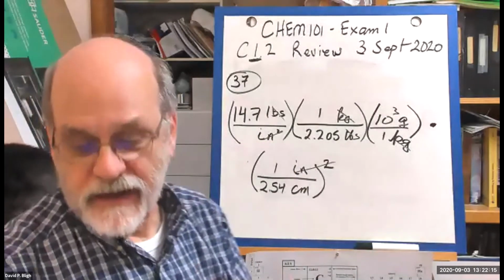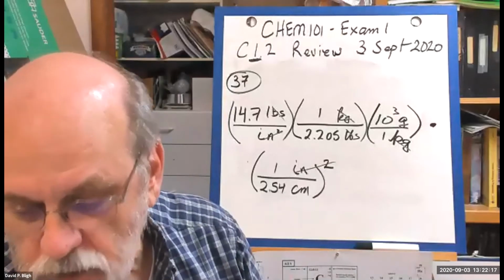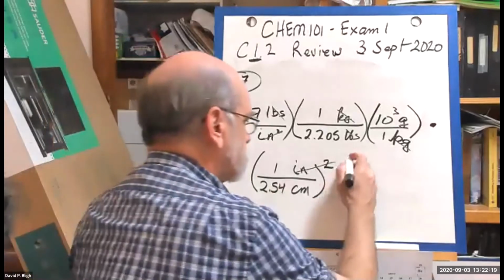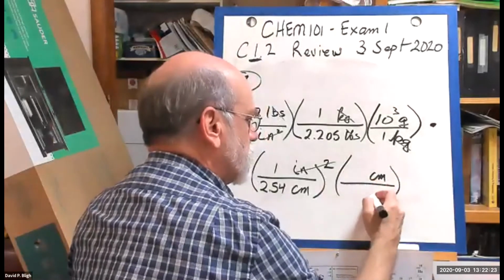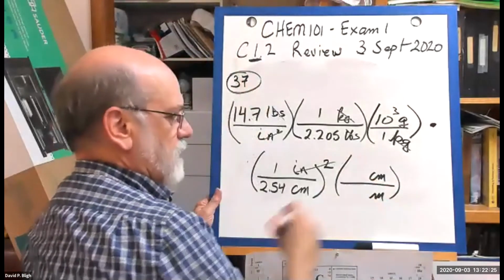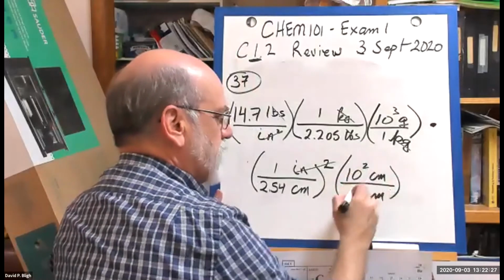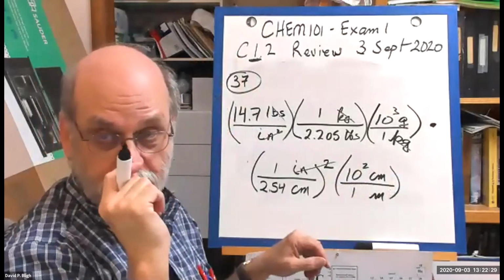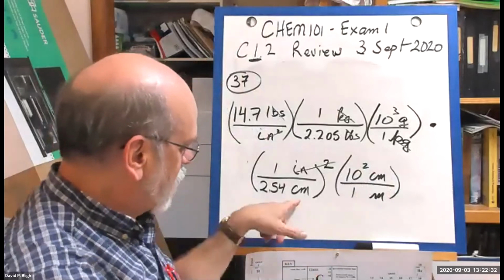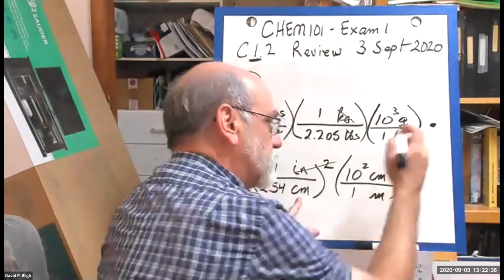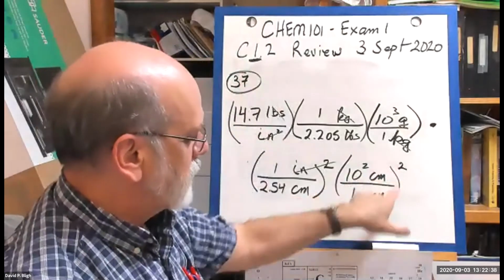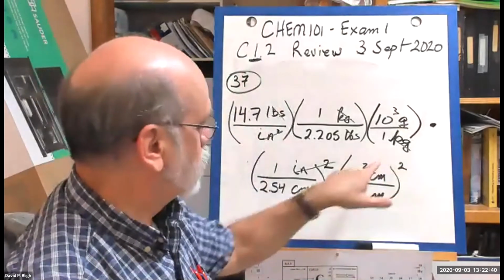Now we've got square centimeters. We've got to go to square meters. So what's the conversion from centimeters to meters? 100 centimeters in a meter. But we just squared that centimeter, so we're going to square this one too. That gives you square centimeters and square meters, which is where we want it to go.